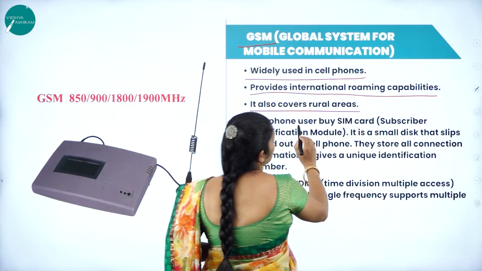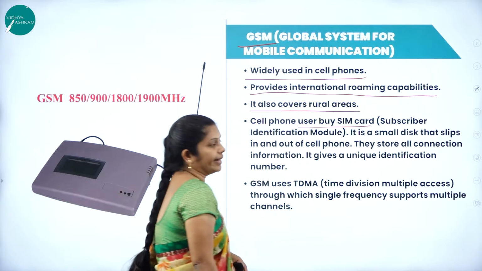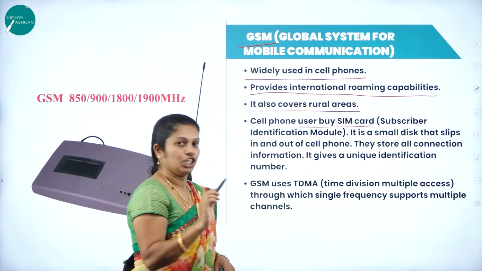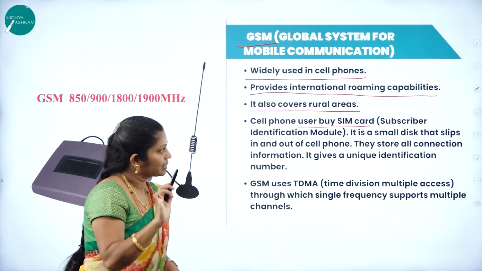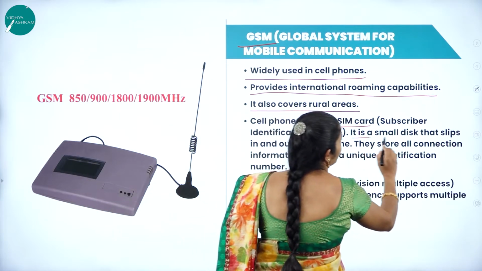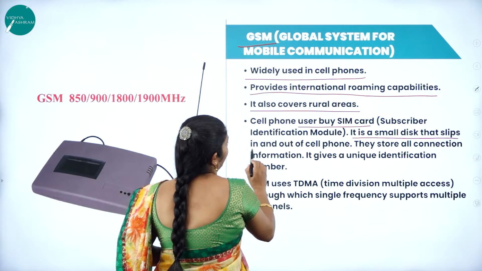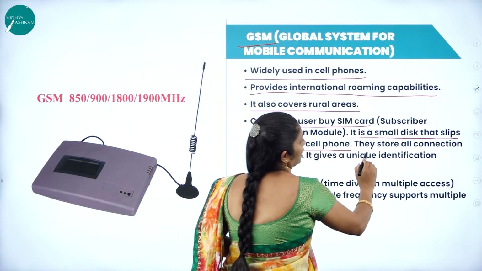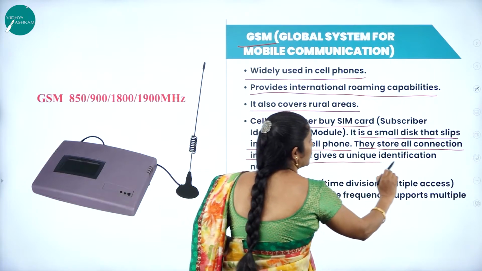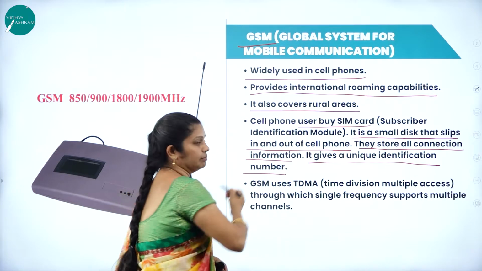Cell phones use a SIM card. The expansion of SIM is Subscriber Identification Module. It is a small disk that slips in and out of the cell phone. This stores all connection information and gives a unique identification number.